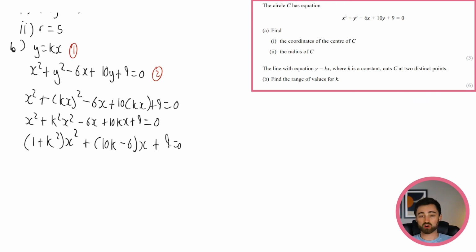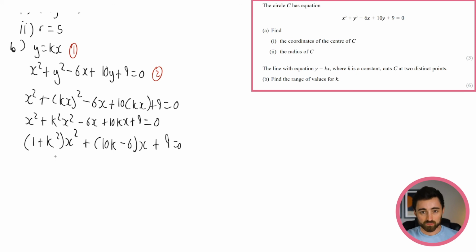However, what I am told is that the line intersects the circle at 2 distinct points. Look at this equation. Isn't this an equation that tells me the x coordinates of the points where they intersect? Because that's how I set these simultaneous equations up, right? So here's the thing.